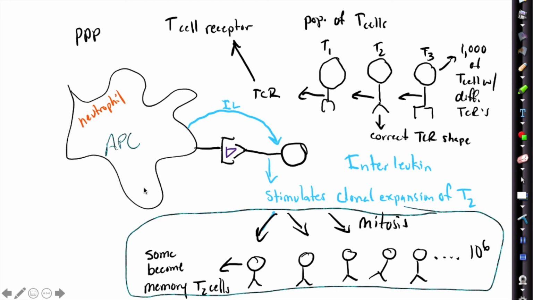In this case, it's our neutrophil. When these two bind through MHC class II to the T cell receptor, that's going to cause the APC to release interleukins, which stimulates clonal expansion of that particular T cell. So here you can see that the correct shaped T cell receptor can bind to that antigen. That causes mitosis to happen, and we're going to make memory cells, and we're going to make a lot of those T cells.